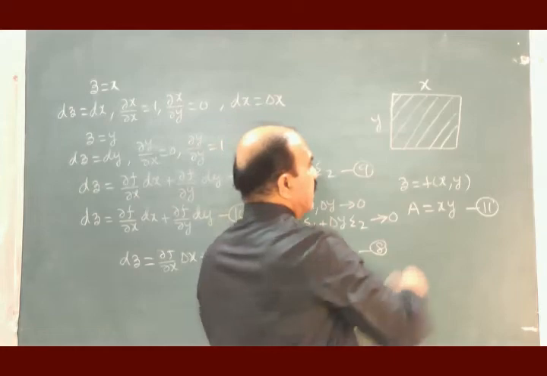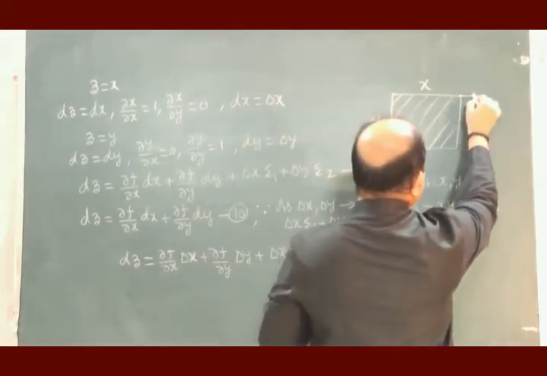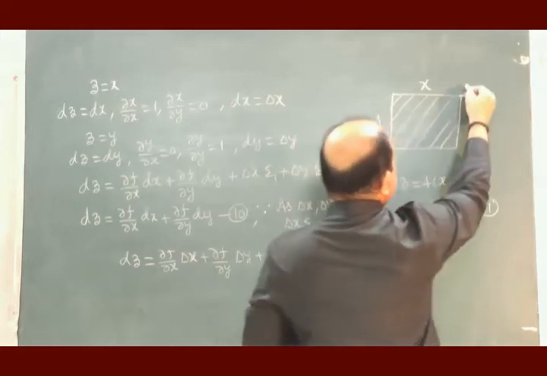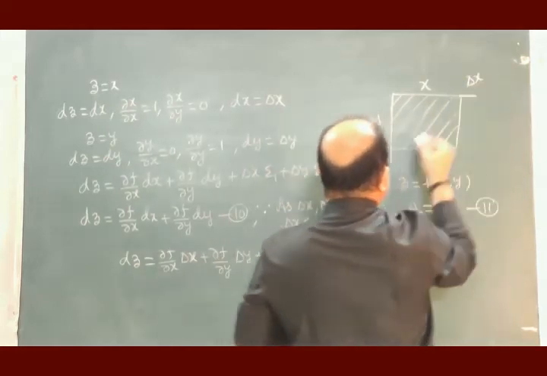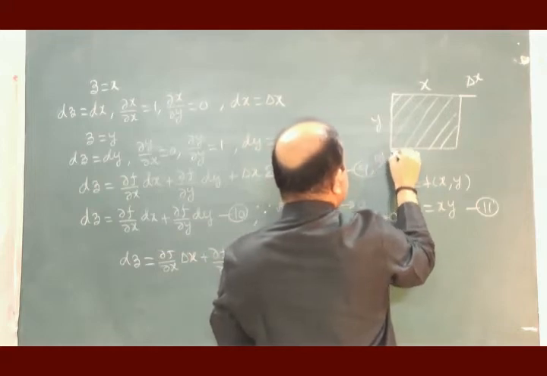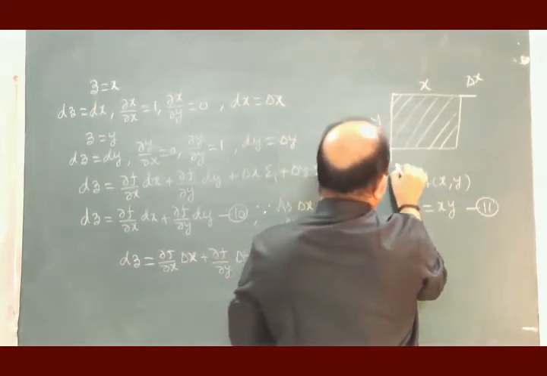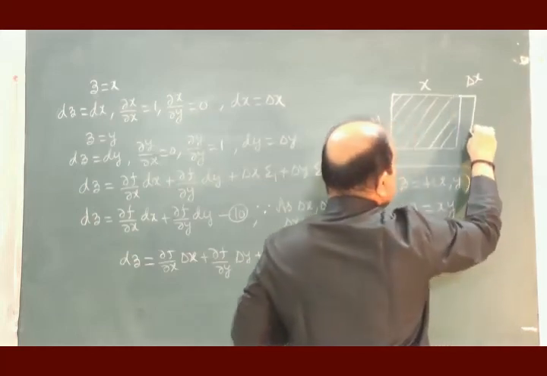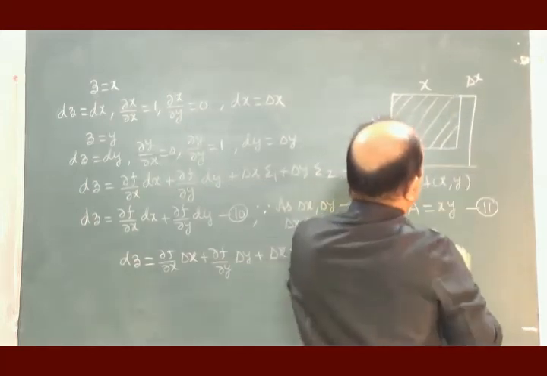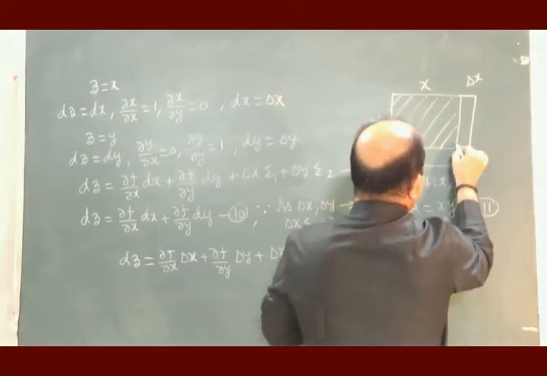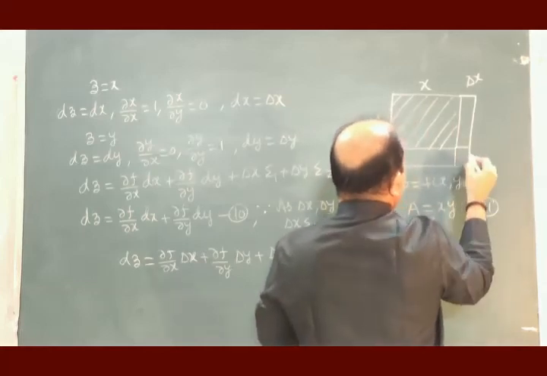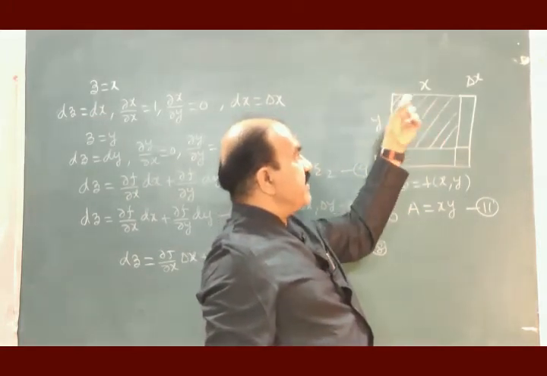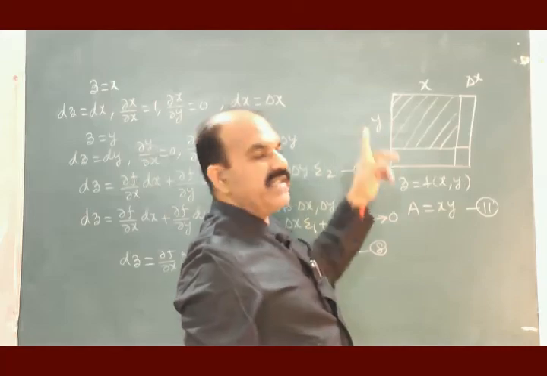Then let us make an increment in x and an increment in y. This increment is delta x, this increment is delta y. After making this increment, let us complete the rectangle. Delta x is the increment in x, delta y is the increment in y.